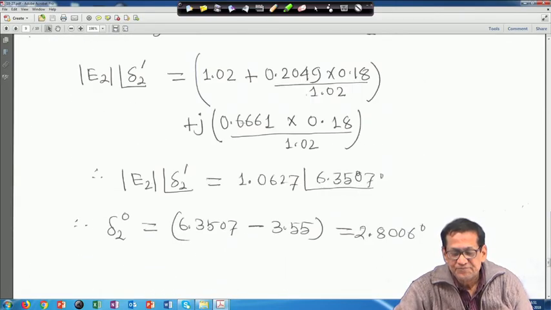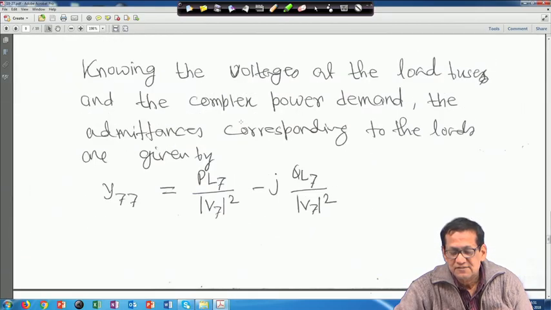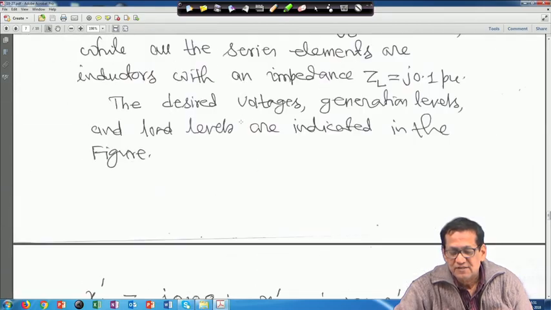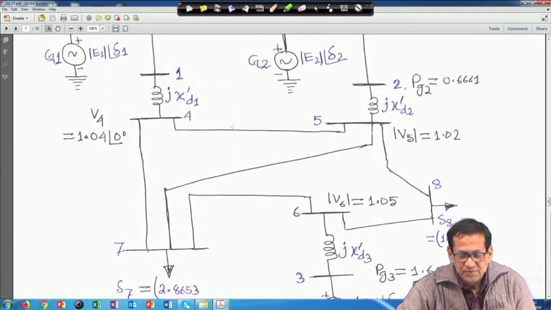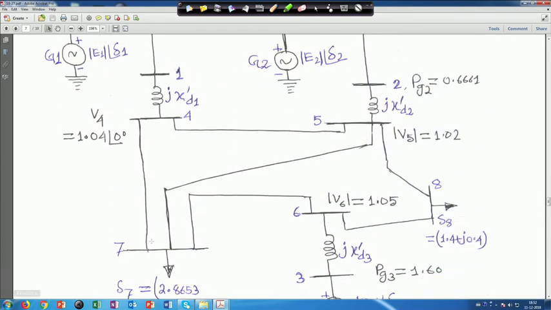Here, when this 3 phase fault has occurred at bus 7, the voltage at bus 7 will be 0. So that 7th row and 7th column was eliminated. That's why the matrix will become 7 into 7, but 3 lines are there.